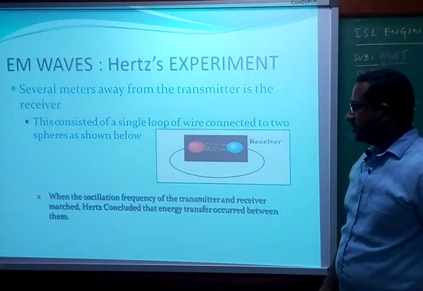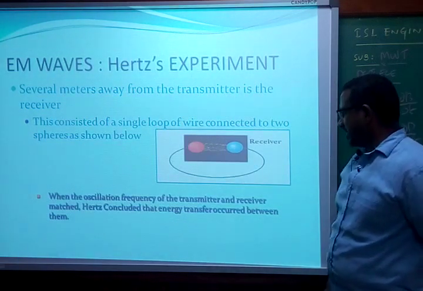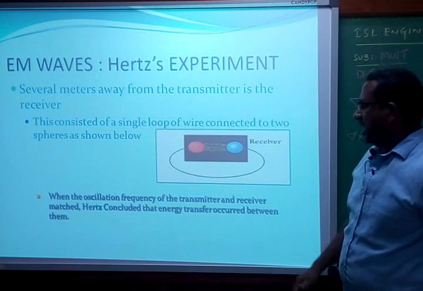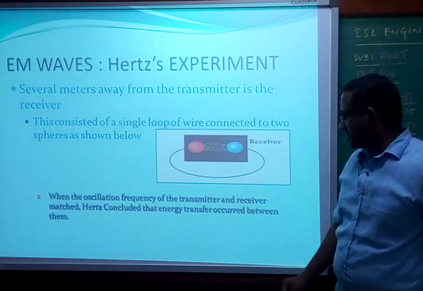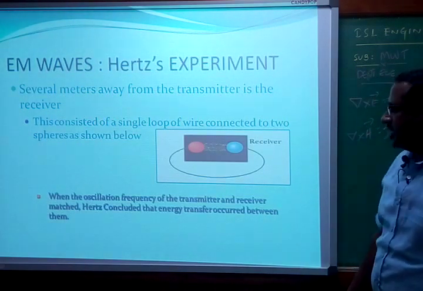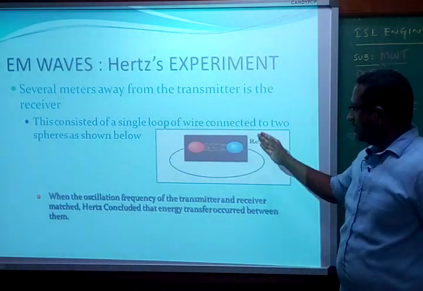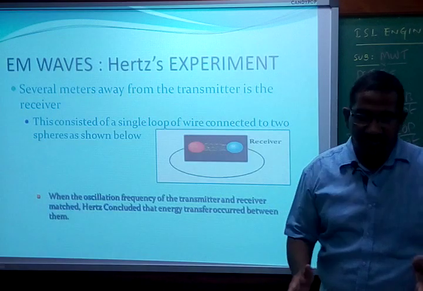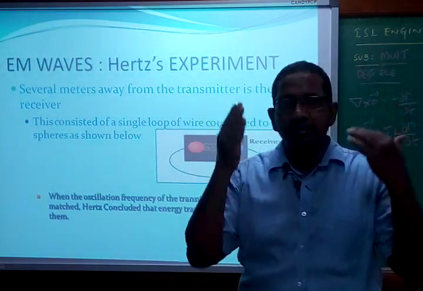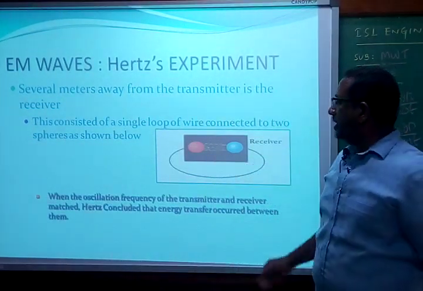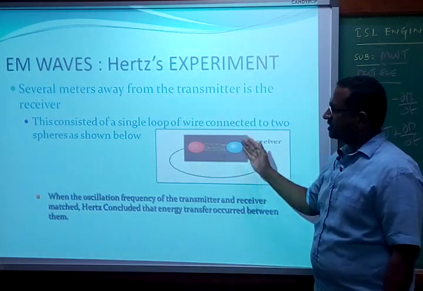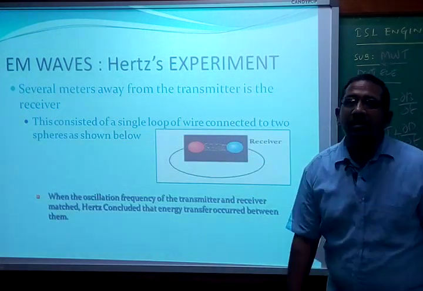When the oscillation frequency of the transmitter and the receiver matched, Hertz concluded that energy transformation occurs between them. When both of them are operating at the same frequency, the receiver is going to receive the signal transmitted by the transmitter.